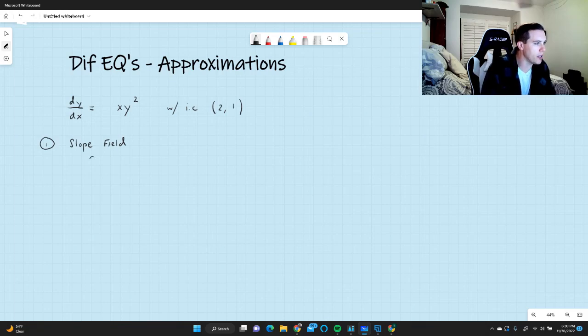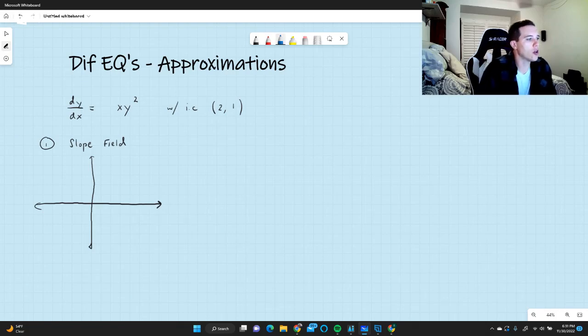And basically, you are going to draw little sections of what the curve would be based on the shape of the curve. So we start with, let's try (1, 1).